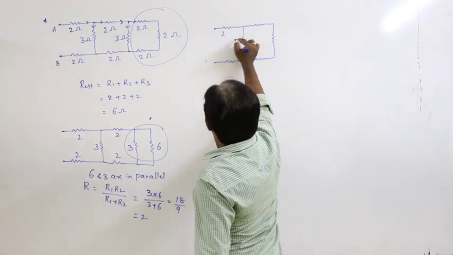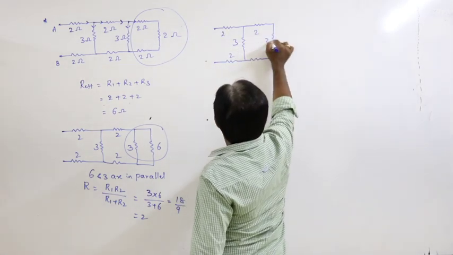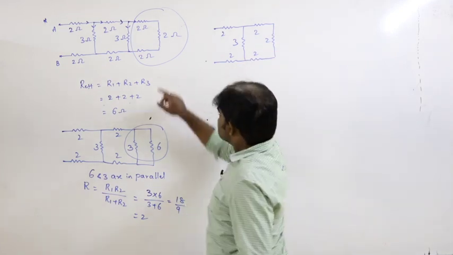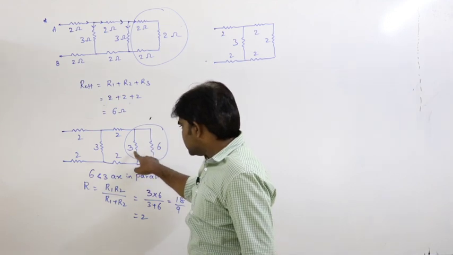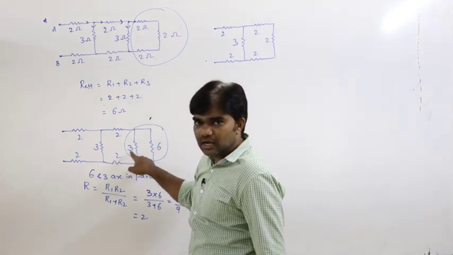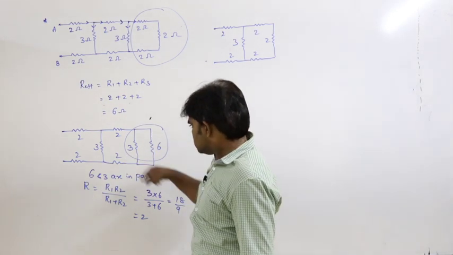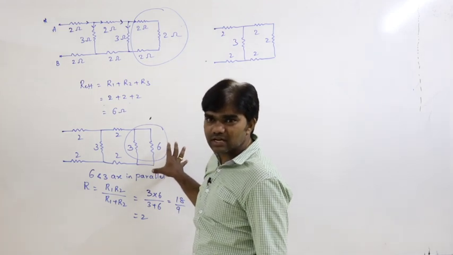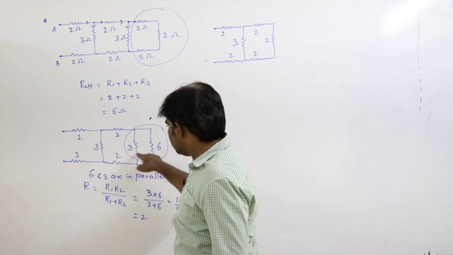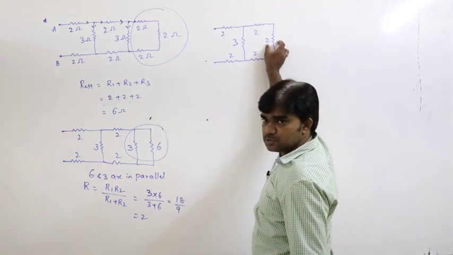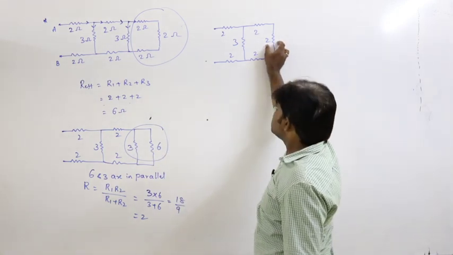So this is 2, 3, 2, 2, 2, 2. So instead of these 3 2's, we got 6. 3 and 6 are in parallel. Two resistances are in parallel, effective resistance is 2. So that's why instead of 3 and 6, it must be replaced by 2.